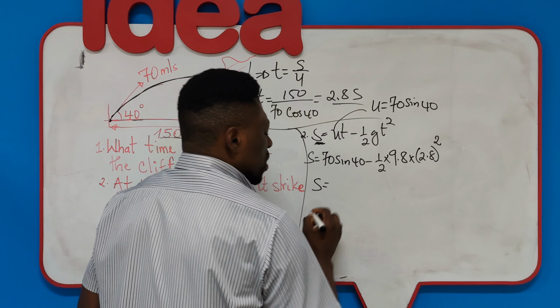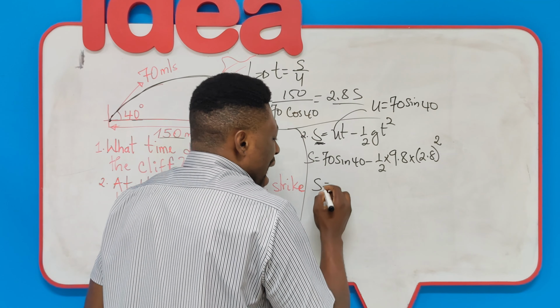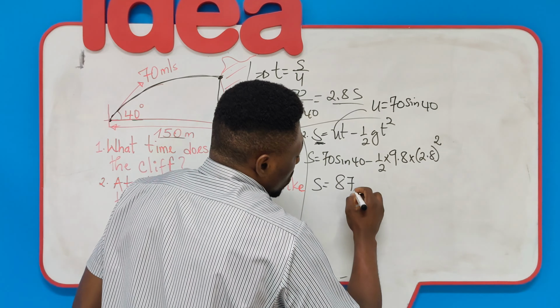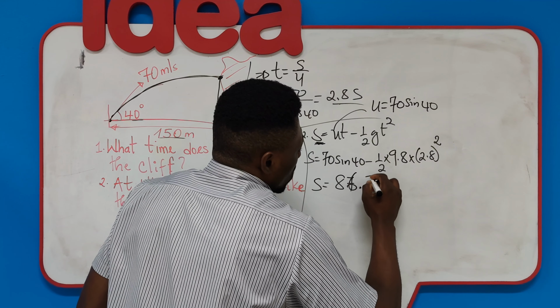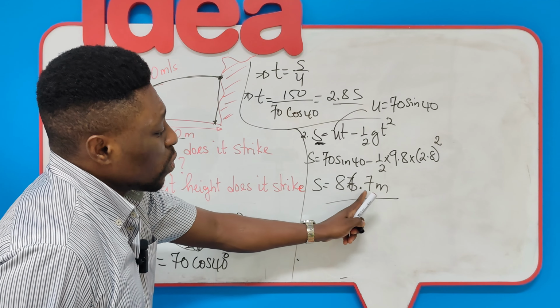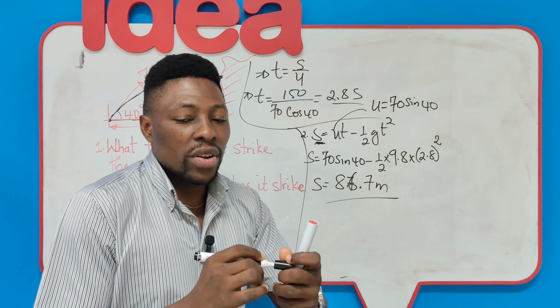If you correctly punch this, you will get s equals 87, I think, 87 meters or 86.7 meters. So there will be impact at 86.7 meters away from the ground.